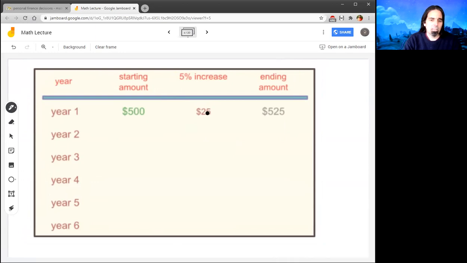So where did we get that $25 from in the first row? We're taking 5%. That would become 0.05 as a decimal.